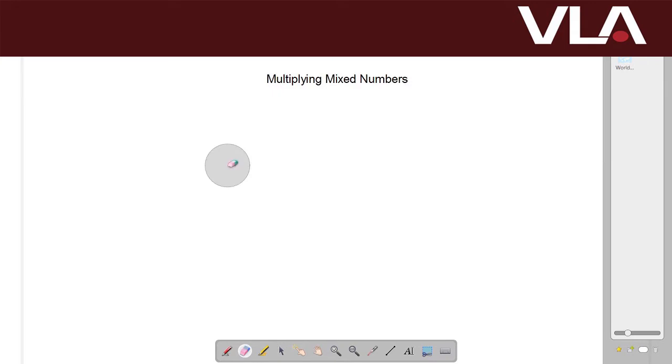Alright, let's quickly summarize how Edgenuity teaches how to multiply mixed numbers. So for instance, if I have 2 times 3 and 1/2. The way Edgenuity teaches is to use the distributive property. I take this integer and multiply it by the 3, and then I add the 2 times 1/2. So what does that look like?